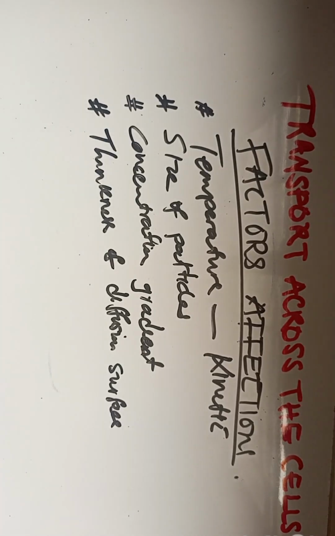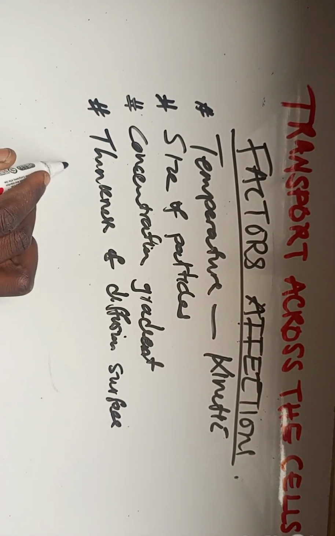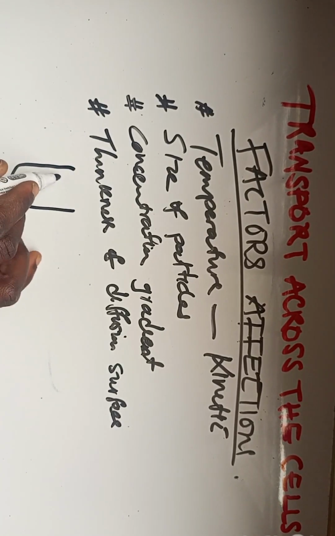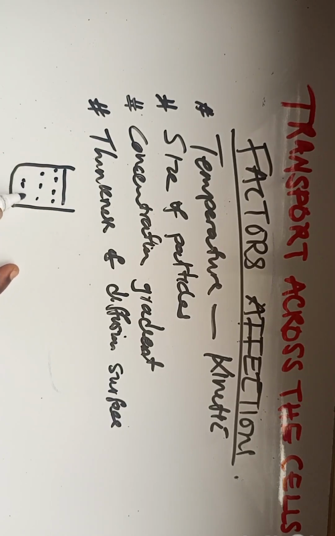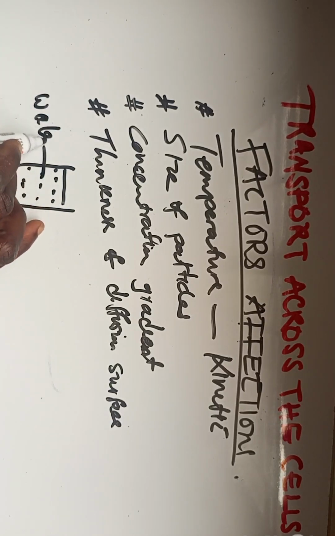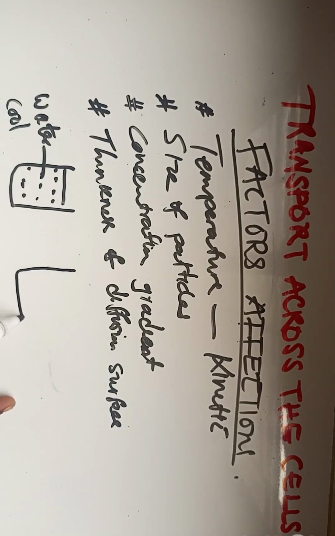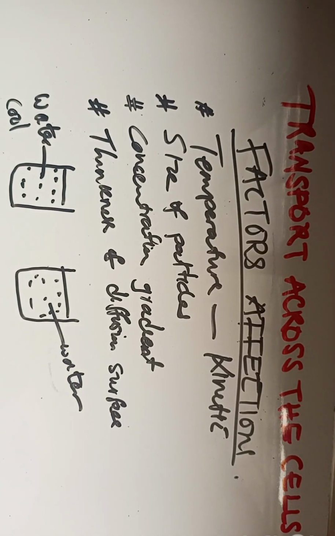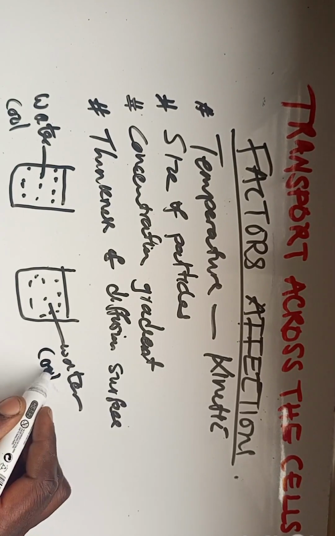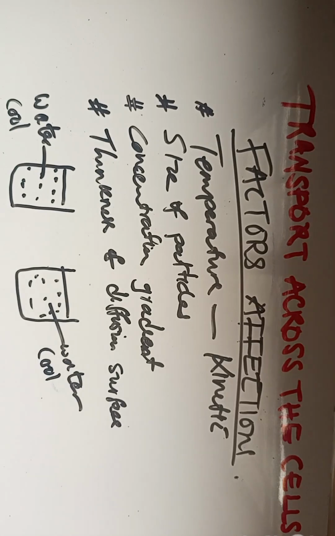So now let me give an illustration. We have two pots. This is the first pot containing water. Then we have the second pot, the same size, also containing the same amount of water. Both of these pots are at a cool or low temperature, whereby the water is just at a cool state.